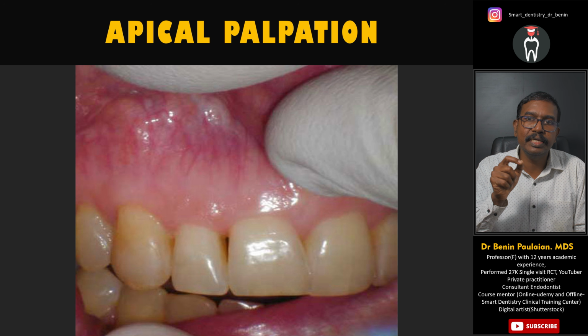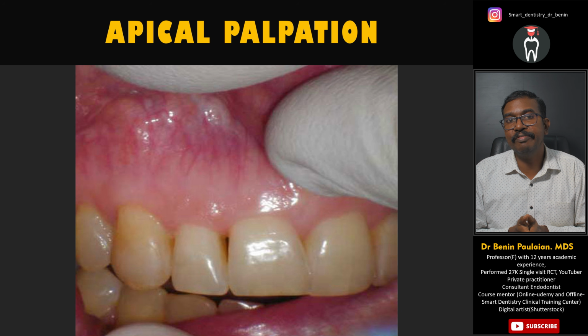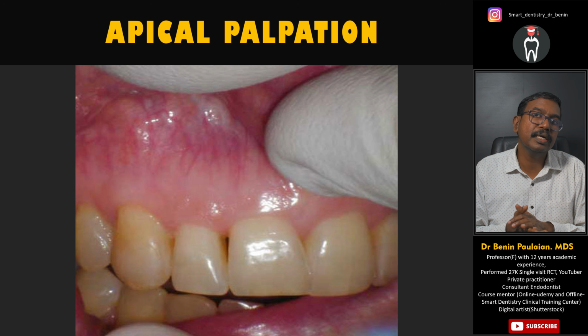For the tooth in question, there may be tenderness and the patient will complain of pain. In many circumstances, the patient will complain of pain below the nose. The probable reason could be a lateral incisor, canine, or sometimes a maxillary central incisor.